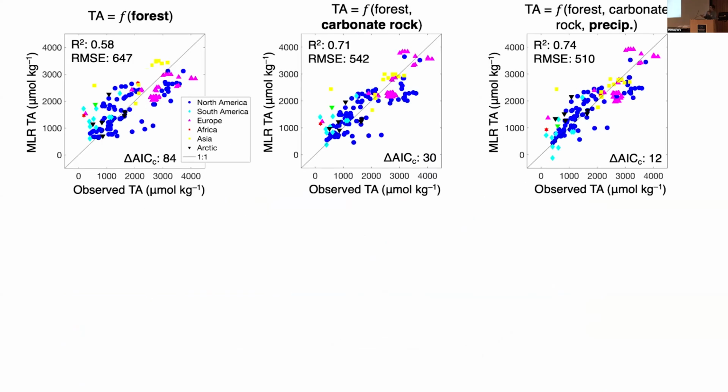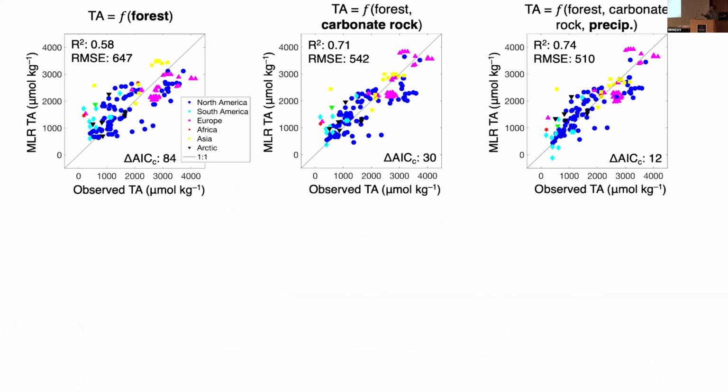So what we tried was to use multilinear regression to see if we can correlate river alkalinity observations to watershed information. If we only use one watershed property, we found that the forest coverage over the watershed can give a pretty good estimate of river alkalinity, and can explain over 50% of the spatial variability.